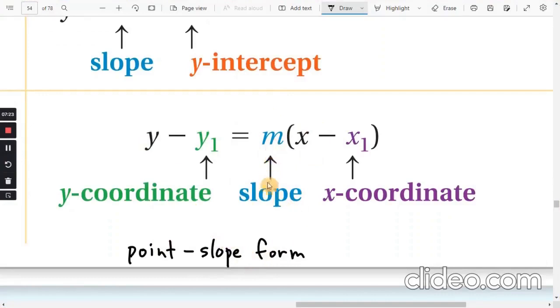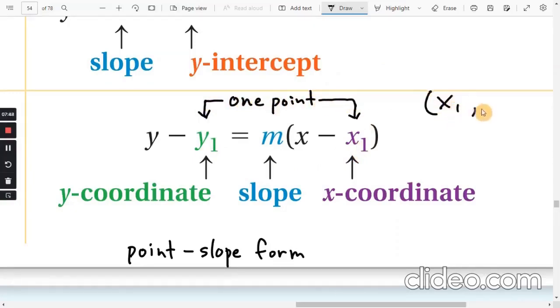So m, once again, is representing the slope, and the coordinates of the 1 point, one of the points that the line passes through, is going to be x1, y1. So if you have 1 point and the slope, you can easily write this equation.